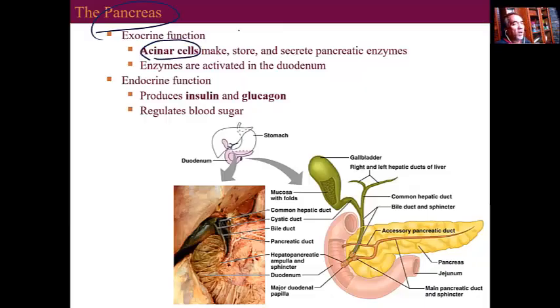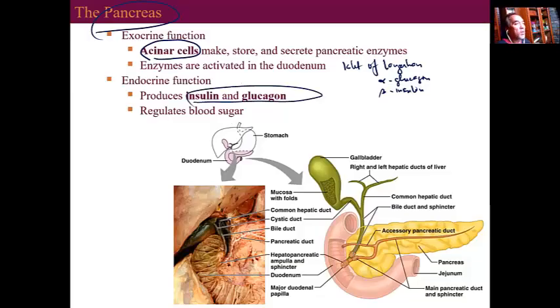But remember, it also has cells called islet cells, islets of Langerhans cells. These are the ones that produce your hormones. In the islets of Langerhans, the alpha cells create glucagon, and the beta cells produce your insulin. And remember, the secretion here is done through the blood, not through the ducts. They control the sugar level of the body.